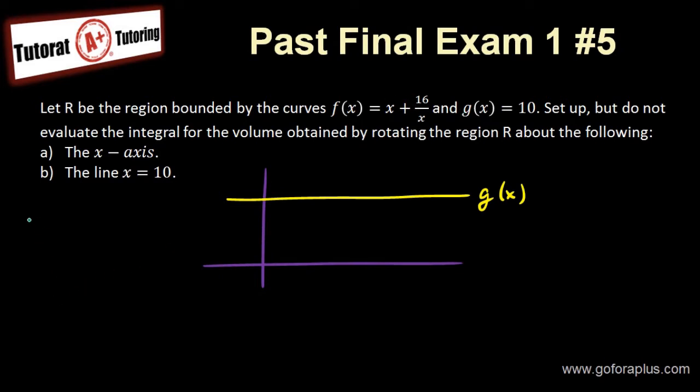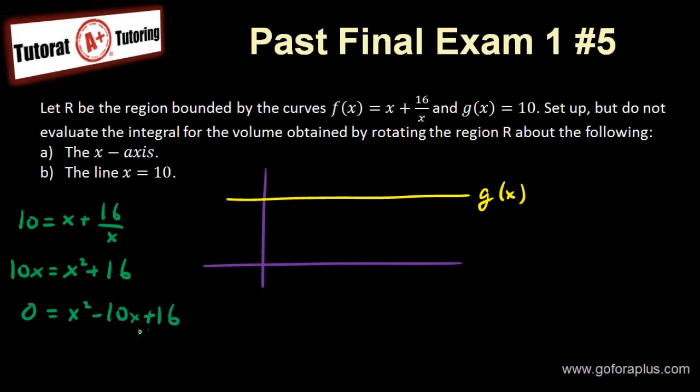So how would I do that? I would say 10 equals x plus 16 over x. This is to solve for the intersection. Now I'll multiply everything by x. So 10x equals x squared plus 16. So 0 must equal x squared minus 10x plus 16.